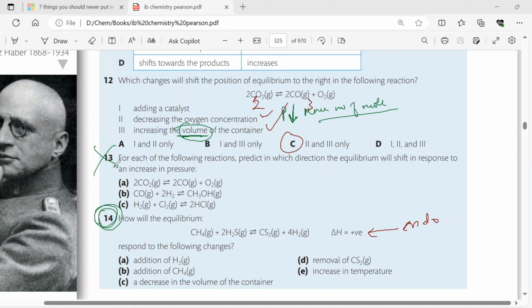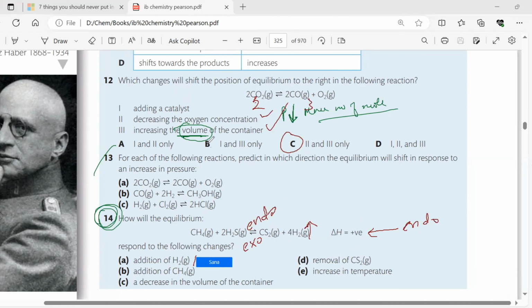Addition of hydrogen, so that means there's an increase of hydrogen. You didn't write over here endo exo, Sana? Whenever you have got this information, immediately jump and write endo or exo like that. Yes, sorry. Okay.